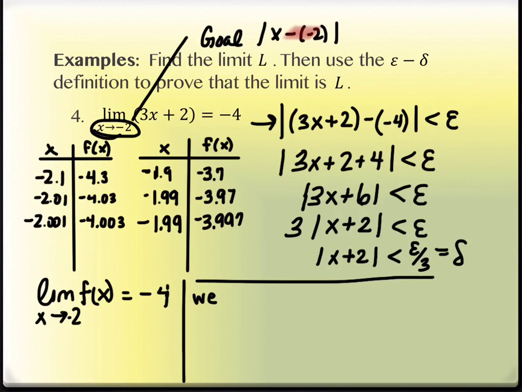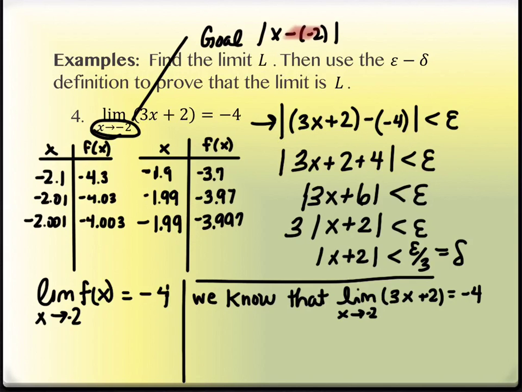All right, we know that the limit as x approaches -2 of 3x plus 2 equals -4. That's what we were trying to say anyway all the way along. That is the limit.